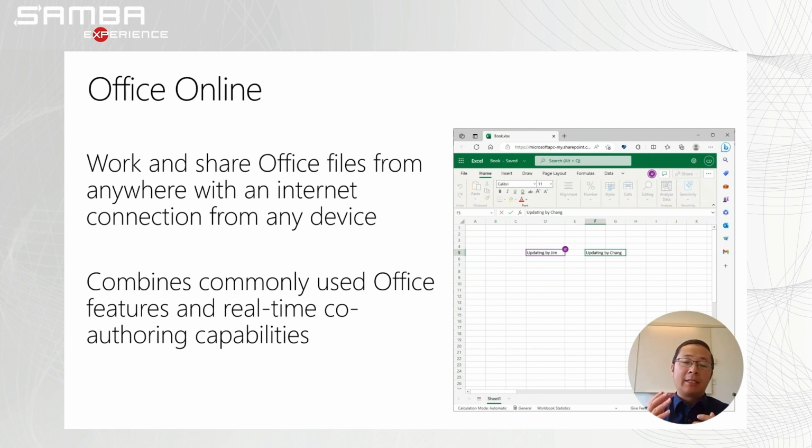It combines the basic Office features and also allows real-time co-authoring. On the right side, you can see a screenshot I made, where two people can edit the Excel file content at the same time.